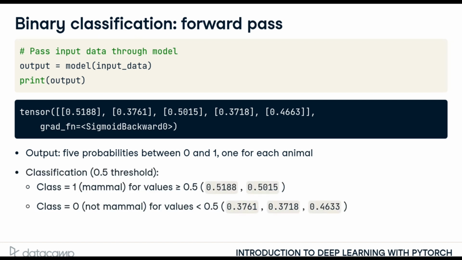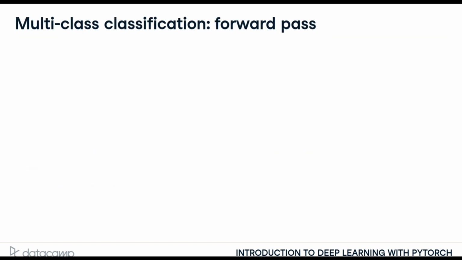Recall that we commonly use a threshold of 0.5 to turn these probabilities into class labels, such as 1, mammal, or 0, not mammal. This output will not be meaningful until we use backpropagation to update layer weights and biases. More on that later. The model would be similar if we wanted to run multi-class classification.